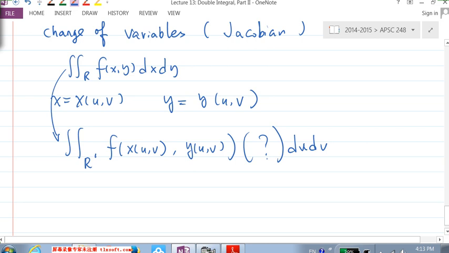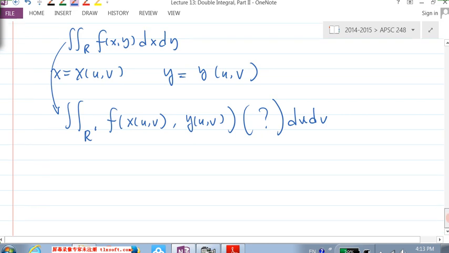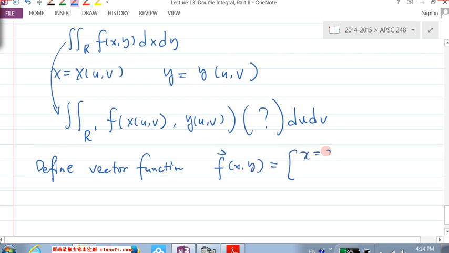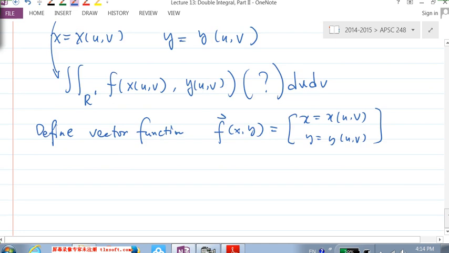Just like the polar case, but this time it's a more generic question. So let's try to find the question mark. Let's define a vector function. Basically, I'm using this x of u, v and this y of u, v to form a vector function.